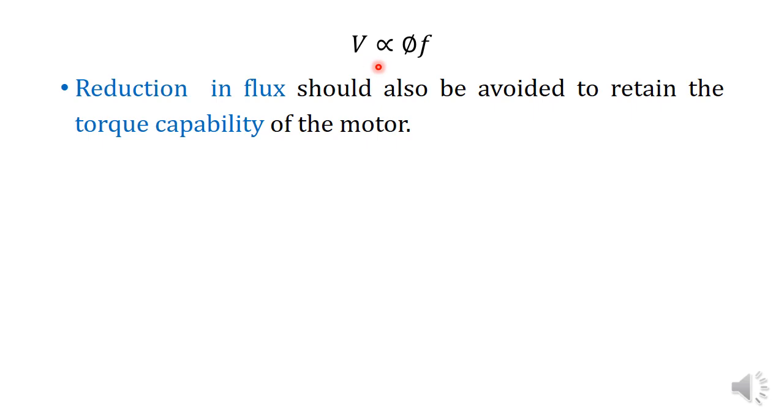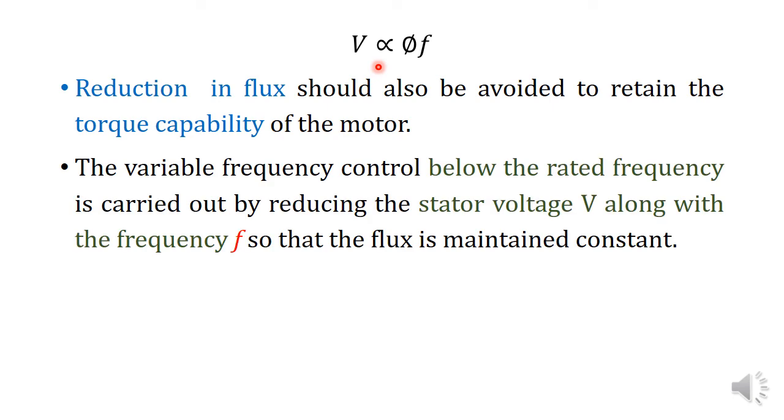V by F should be constant means if you are increasing the frequency, voltage should be increased along with that. And similarly, if you are reducing the frequency, then voltage should reduce along with that. So that is the solution. The variable frequency control below rated frequency is carried out by reducing the stator voltage V along with the frequency F so that the flux is maintained constant.